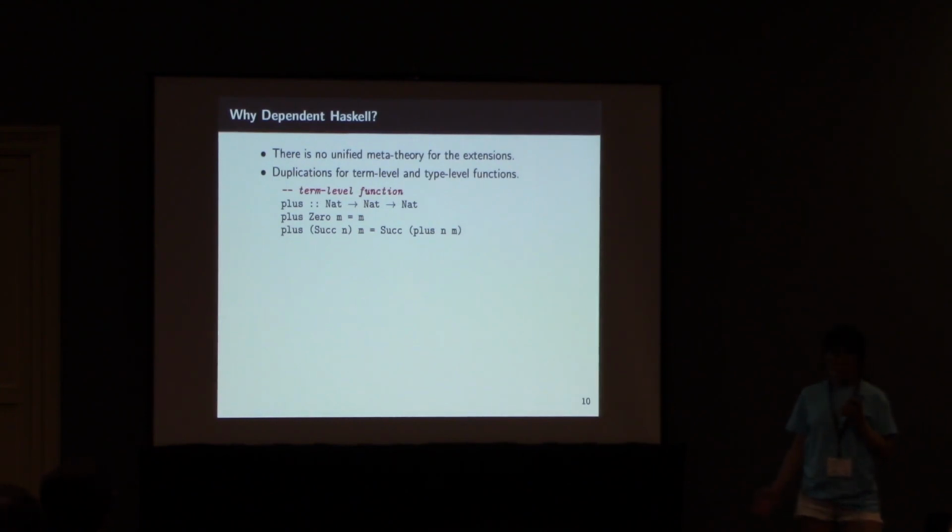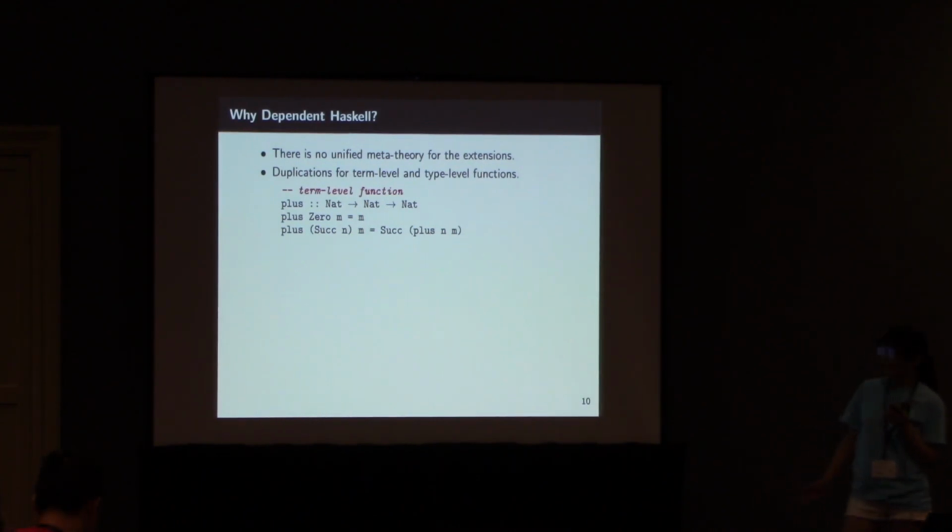For example, we use a type family to define the type-level plus for natural numbers, but sometimes we also want the term-level plus for natural numbers. Now we have two definitions of natural numbers with two definitions of plus with exactly the same functionality, but we want both of them because they behave at different levels.